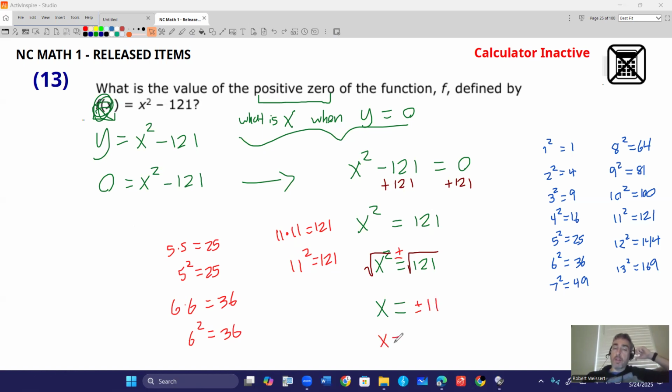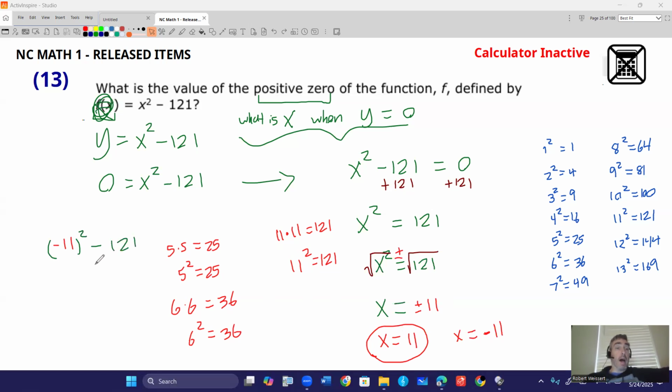So what that means is one of your answers is a positive 11, and one of your answers is negative 11. I want you to think about why negative 11 works. Now, if you already got the answer 11, you understand that, then you can obviously skip this. But this is just for y'all nerds here. Negative 11 squared is negative 11 times itself. Well, what do you get when you multiply something by itself?